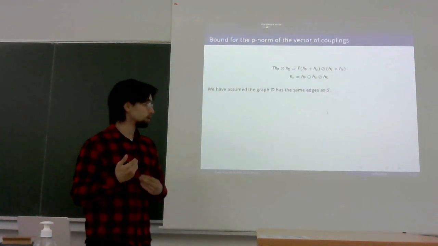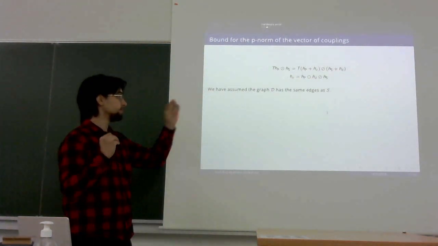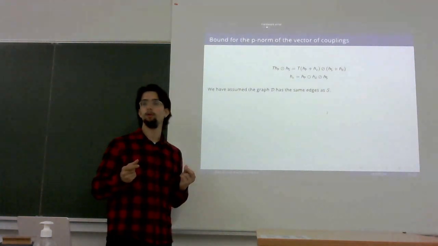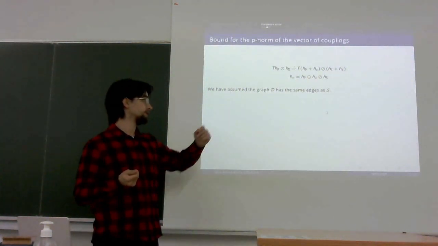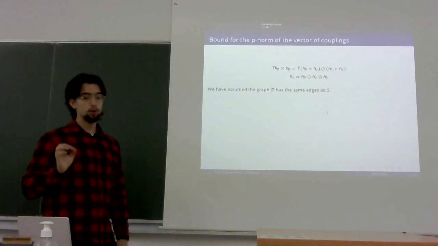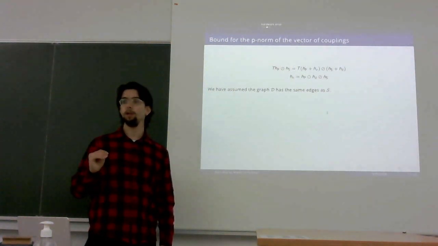Now, if we solve this equation, we are going to get how the couplings of the problem Hamiltonian are changing, which is given by H epsilon. So far, we've only assumed that the errors are in the couplings that we are taking into account.